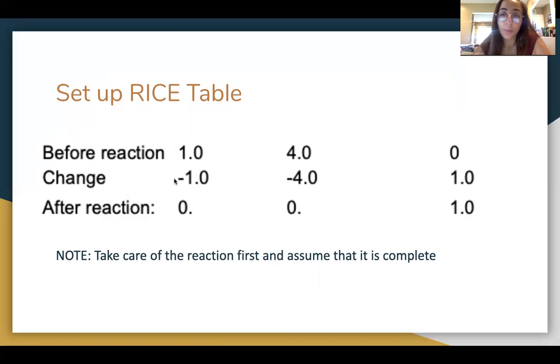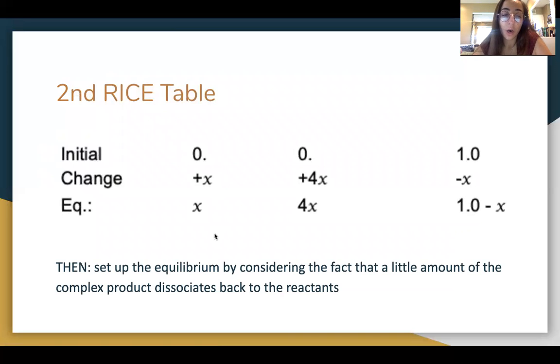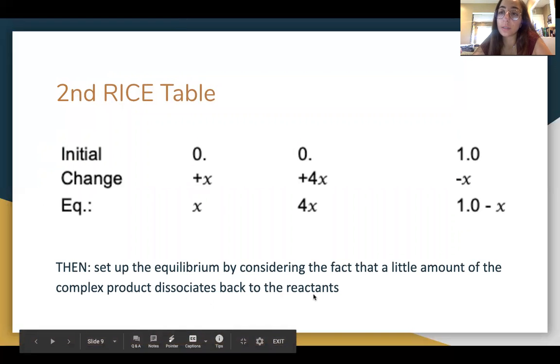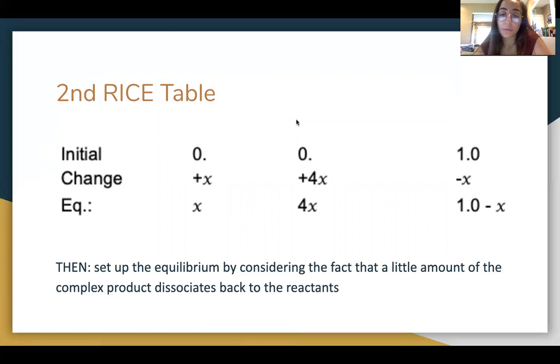Now let's set up the second ICE table, where we set up the equilibrium considering the fact that a little amount of the complex product dissociates back to the reactants, since it's a reversible reaction.